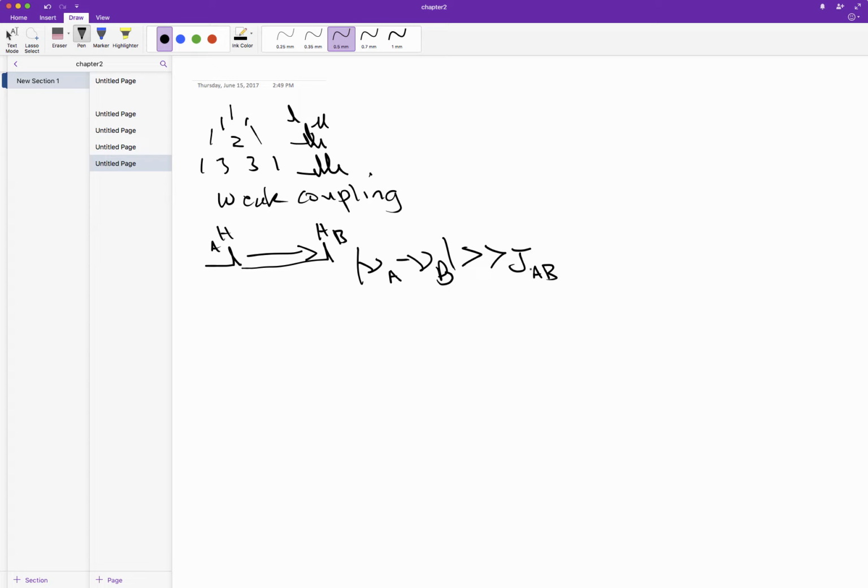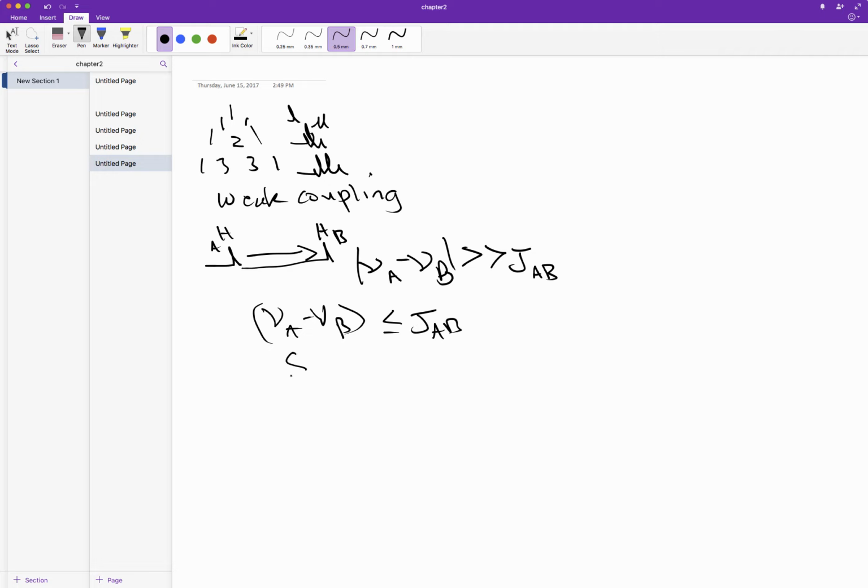So that's the weak coupling case, and in the weak coupling case, your spectrum is predicted by Pascal's triangle. The other case is when VA minus VB is less than or equal to JAB.